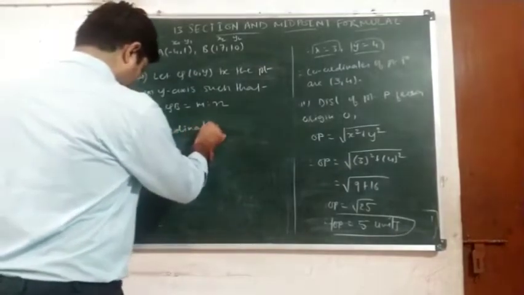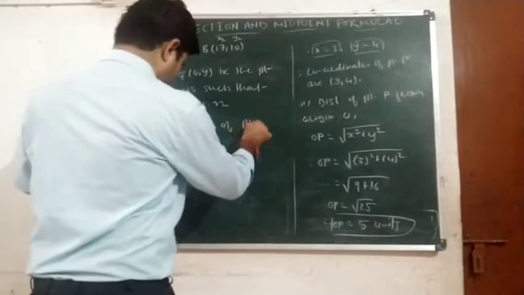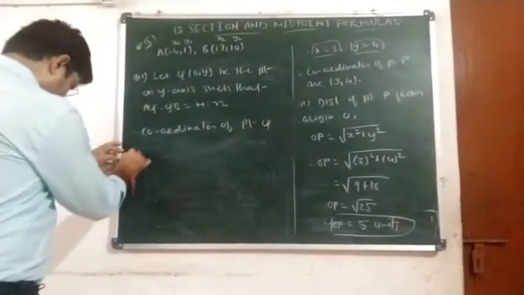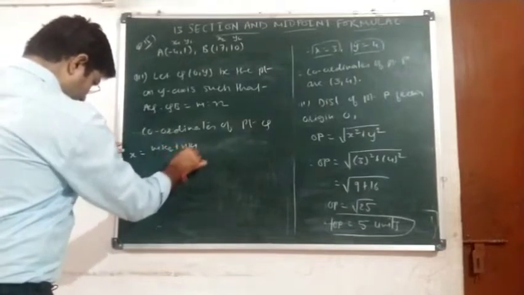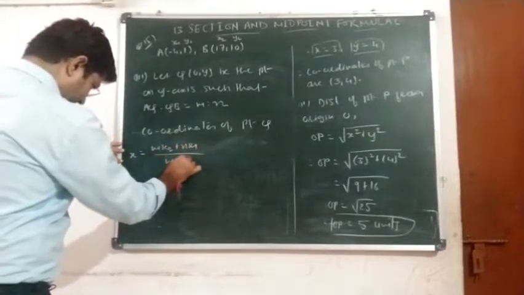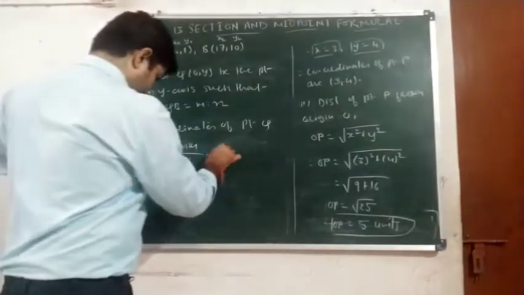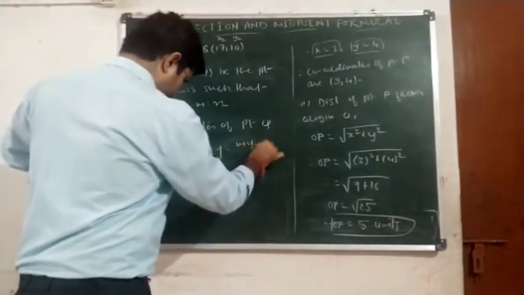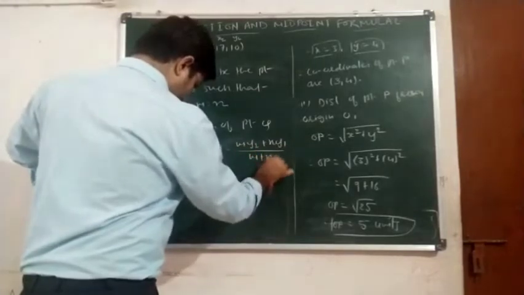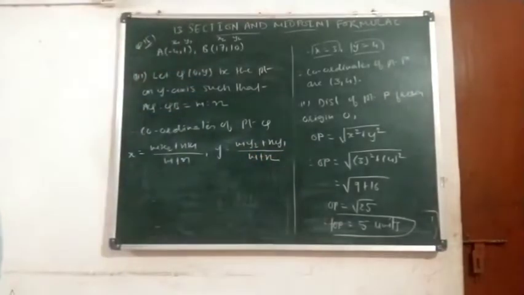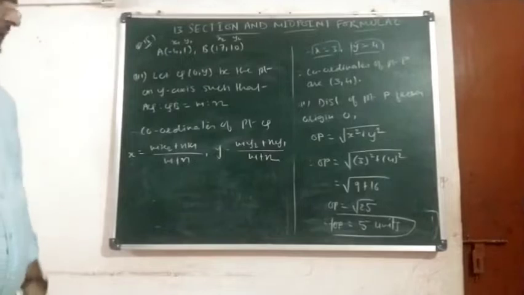So therefore coordinates of point Q will be given by x is equal to mx2 plus nx1 upon m plus n, and y is equal to my2 plus ny1 upon m plus n. Clear?